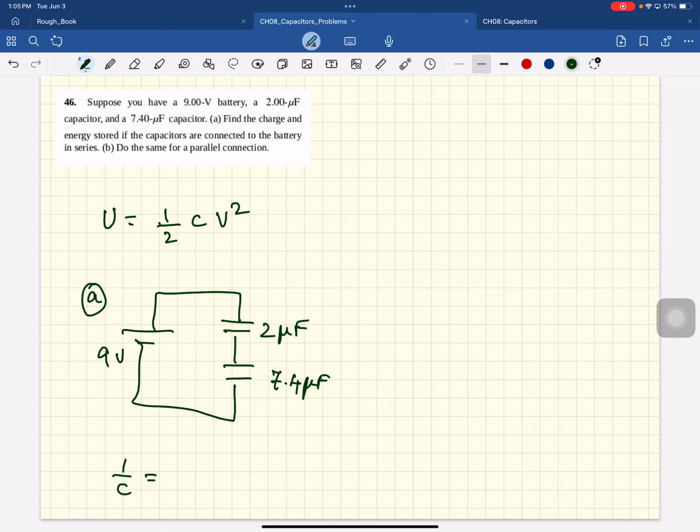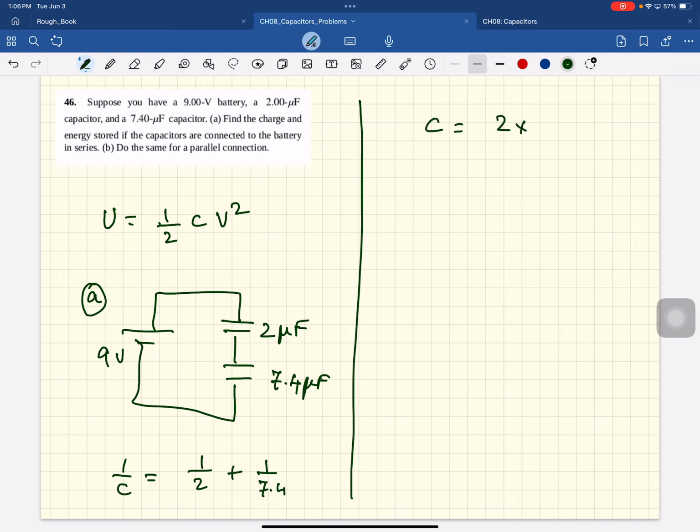So the effective capacitance is, so C is 2 times 7.4 divided by 9.4.